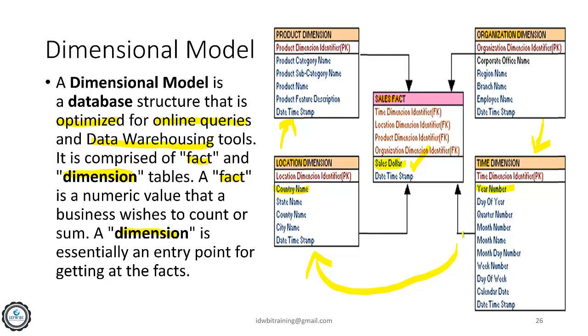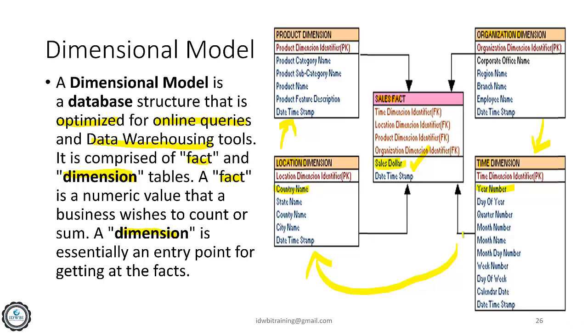So basically what we are trying to say here is that dimensional data modeling is used for calculating the summarized data, which is nothing but your aggregated data, right? For example, the sales data could be collected on a daily basis and then aggregated to a week level. The week data could be aggregated to the month level, which can be aggregated to a quarter, half yearly, and then an annual level.